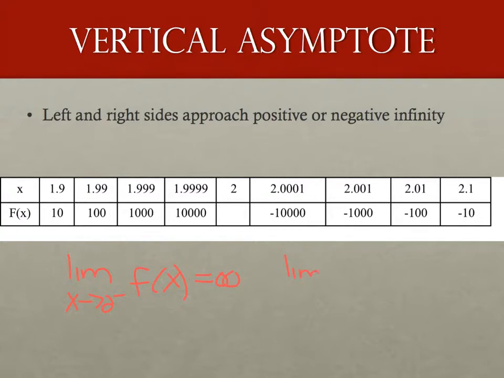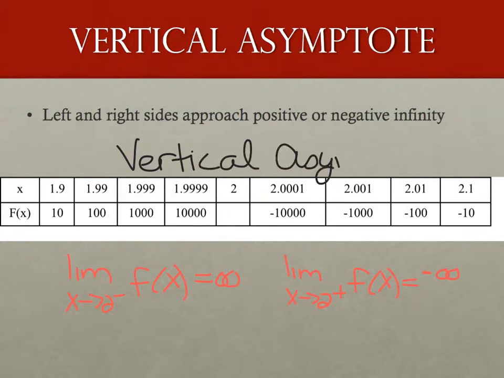So now we can assume here that the limit as x approaches 2 from the right of this function is negative infinity. We have one side heading towards positive infinity and one side heading towards negative infinity. So one side's going up forever, one side's going down forever. All of this implies that we have, in this case, a vertical asymptote.